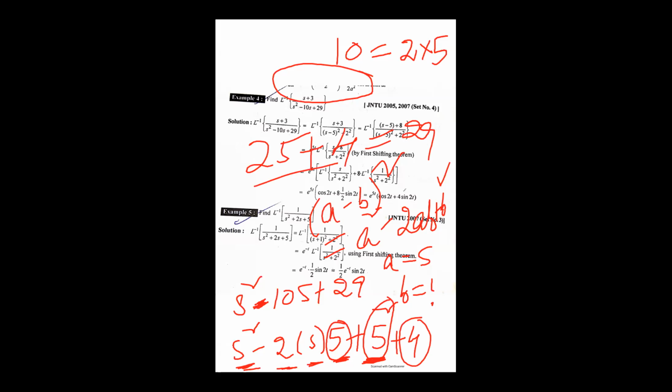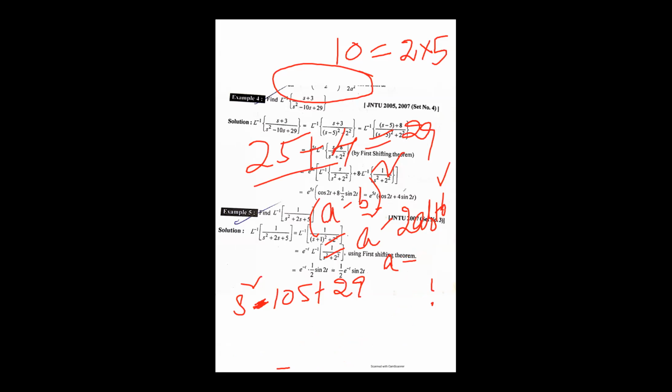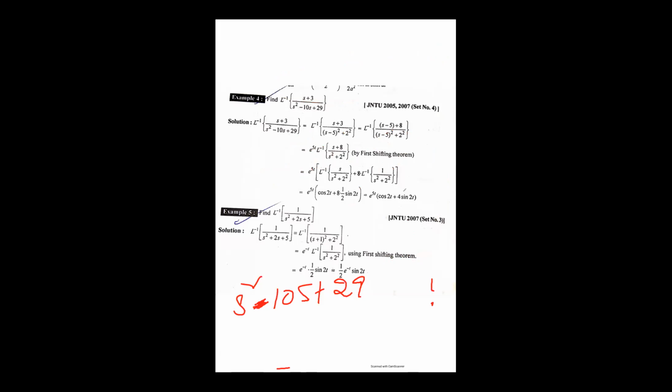So how to convert s square minus 10s plus 29 as a minus b whole square? We expand s square minus 2 into s into 5 plus 5 square, and the remaining balance value 4.